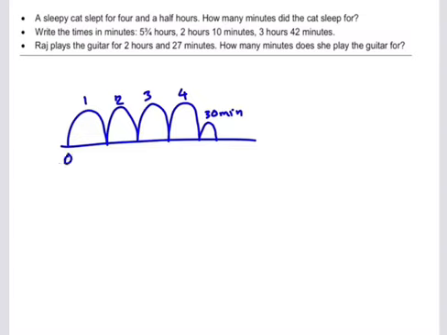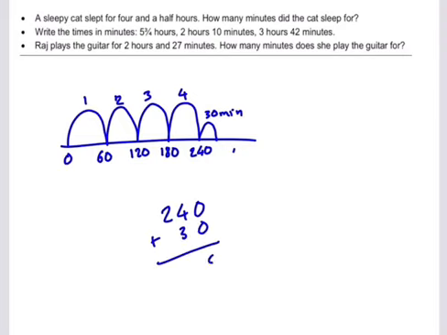So it went from 60, it was still sleeping at 120, at 180, at 240, and then 30 minutes after that. So 240, add 30 is 270. So how many minutes does this cat sleep for? 270 minutes.